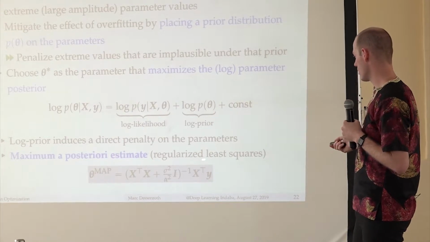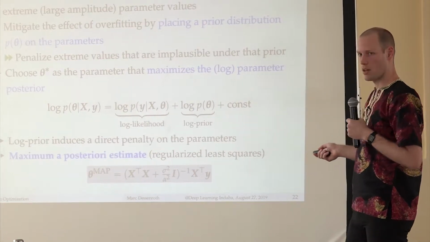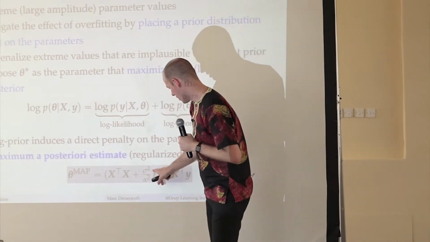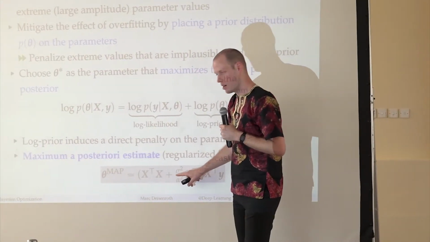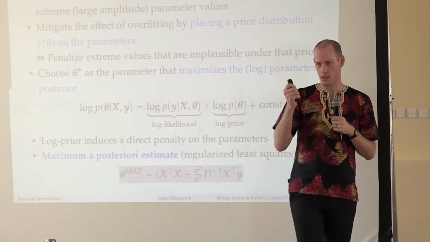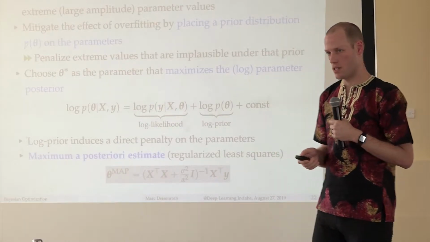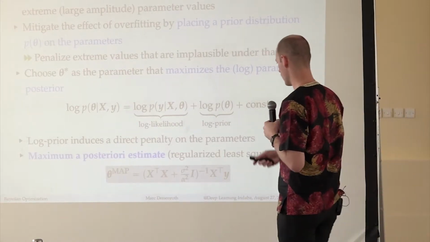And you get a MAP estimate, or regularized least squares estimate, which looks very similar to our maximum likelihood estimate, but it has this additional term, which is exactly the lambda regularizer that you would have in regularized least squares.